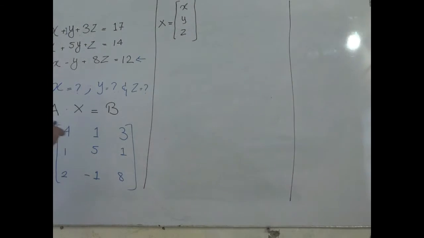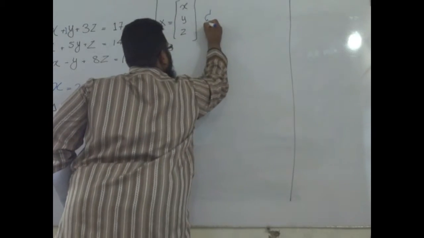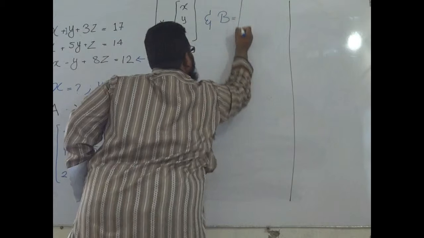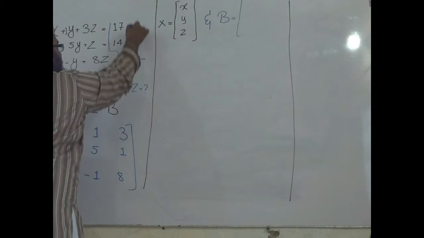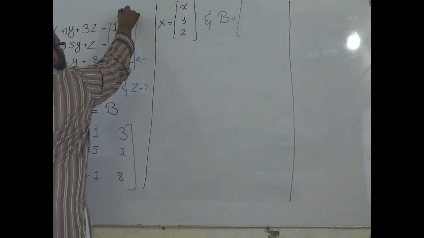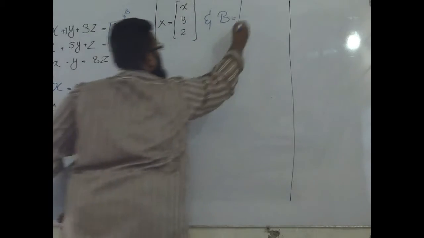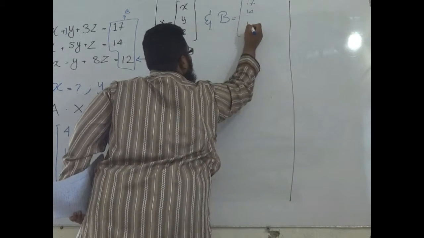And now for b, b is equal to all the equivalent values. That will be our b. As I said, x and b we get from our equation. So you can see x, y and z. Okay. Now b becomes 17, 14 and 12.